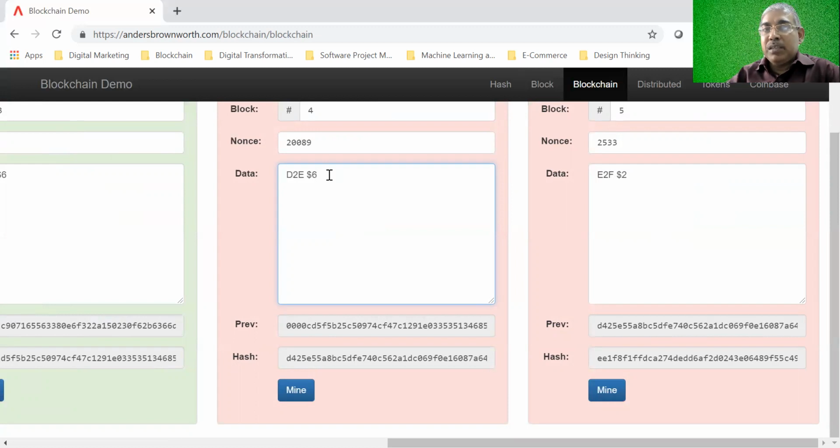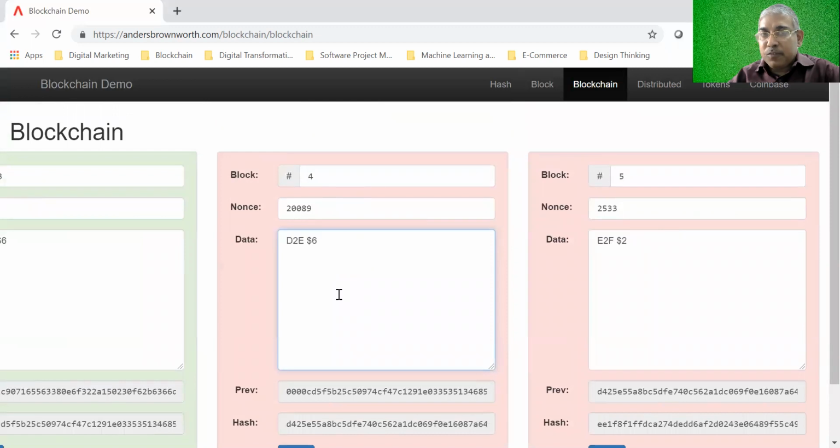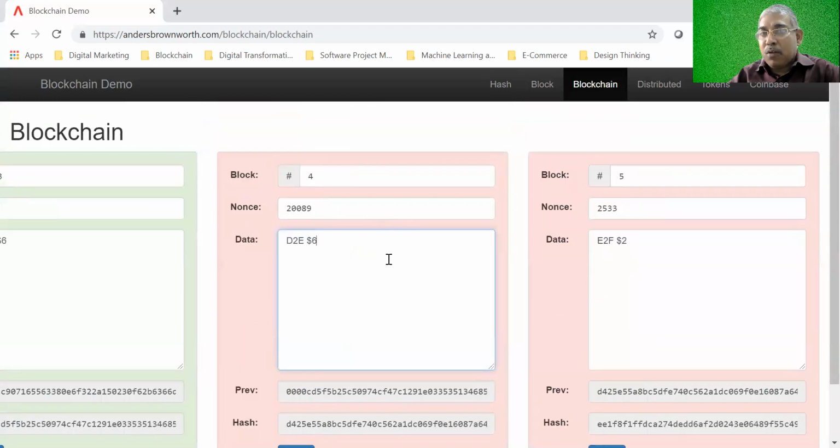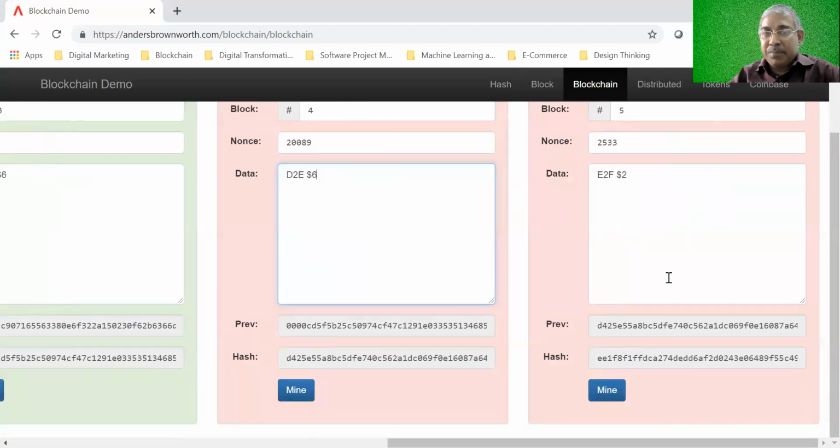The moment D tries to change this to 6 from 4, the blocks subsequent to D, which are block 4 and block 5, become inconsistent. So it is easy for anybody to figure out that something wrong has happened in block number 4, because of which block 4 and block 5 have become inconsistent. So this also results in immutability.